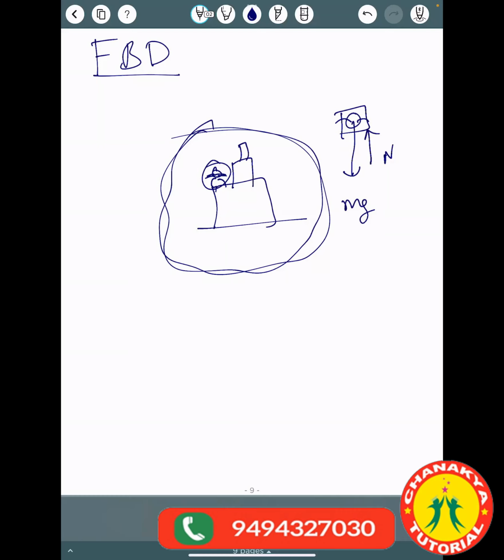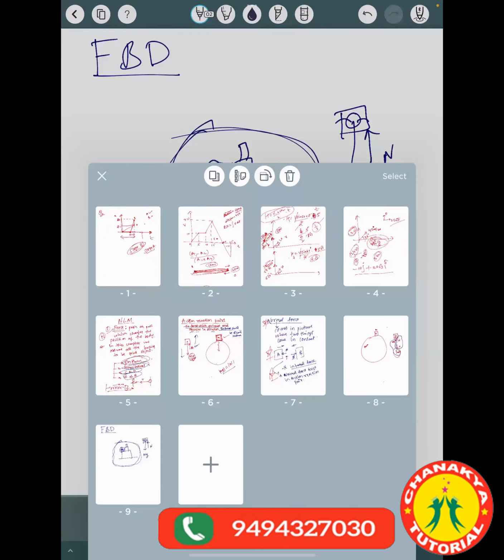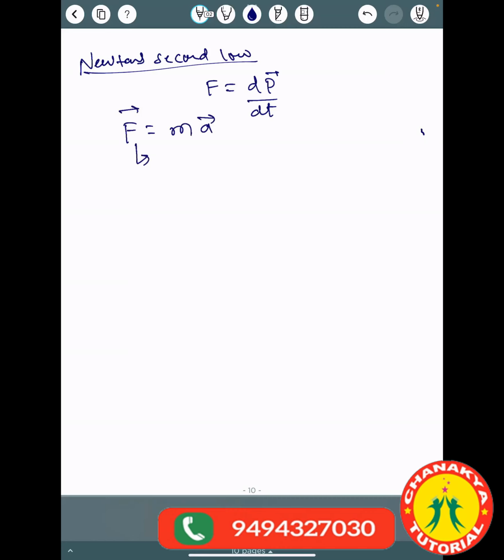So we'll start with simple systems. Free body diagrams. Then we'll see how we can deal with them. Before I tell you free body diagram, there is Newton's second law, which tells that force is nothing but rate of change of momentum, or you can say force is nothing but mass into acceleration, where this force is the sum of all forces acting.